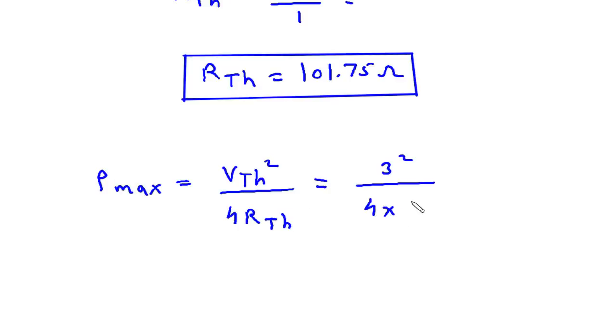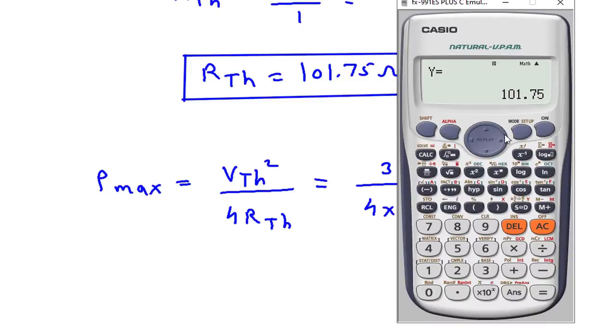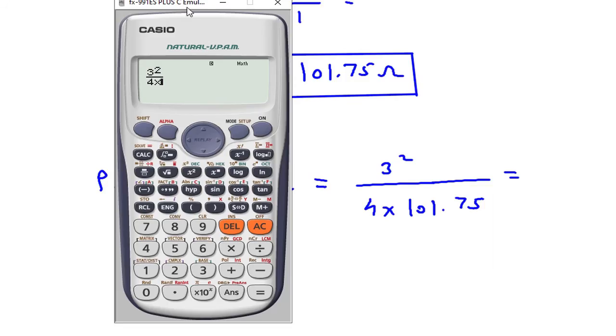RTH is again 101.75. So this will be 3 square divided by 4 into 101.75.